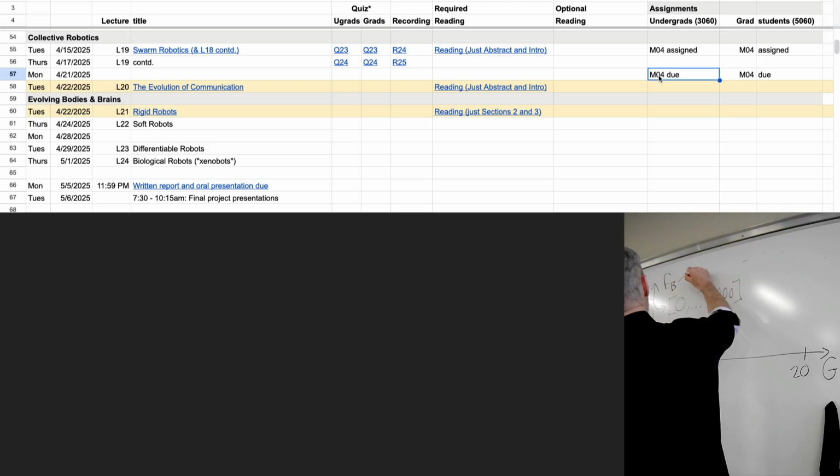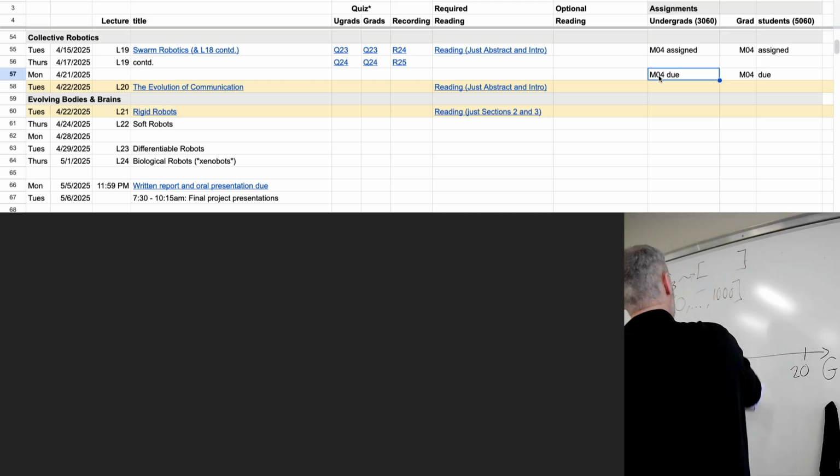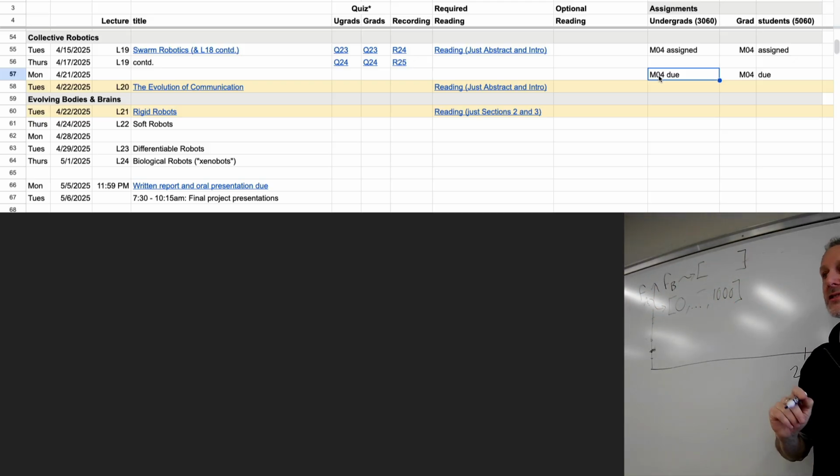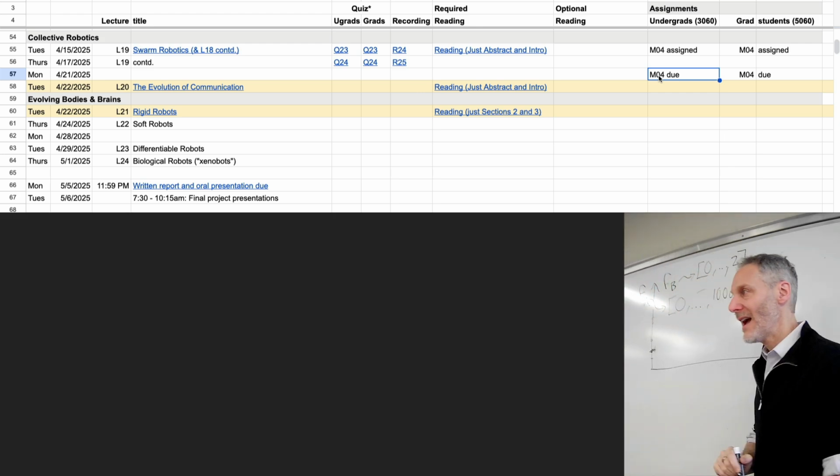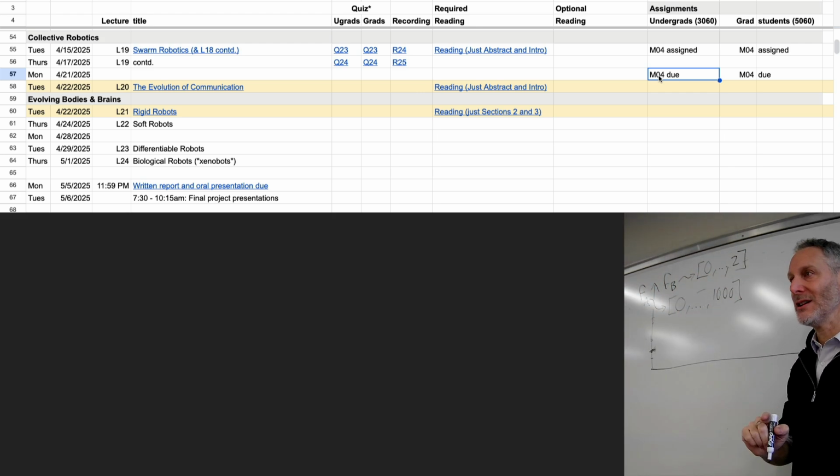Let's assume f sub b, the fitness function f sub b, is going to evolve robots to have the greatest height possible. I don't know what the height of your robot could be, but let's assume it ranges between 0 and 2. Very different fitness functions, but both are trying to evolve jumping for the quadruped.